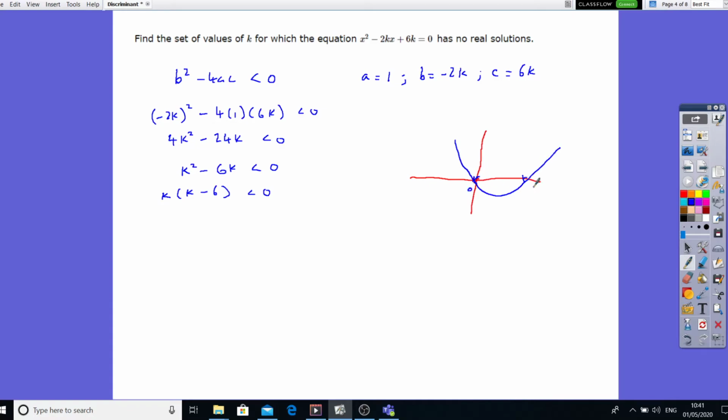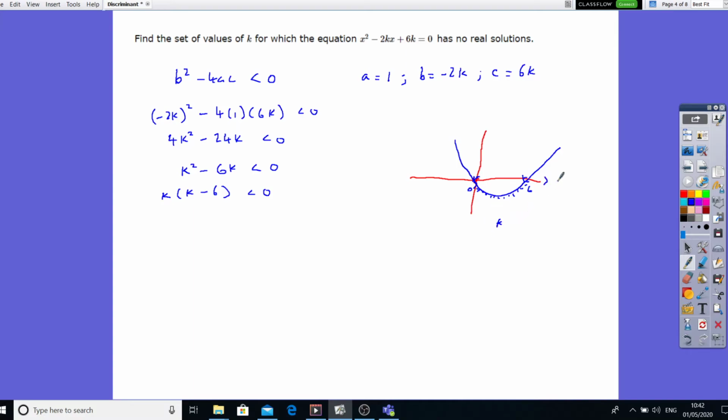So that's 0 there, 6 here, and we need to know when is the graph below 0. So we want all this part of the graph that is below the 0 line.